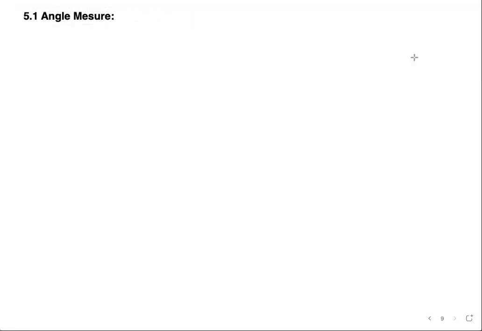Okay. So we have some definitions here. I will go over these definitions because we're going to use them a lot during this section. For the angle measure, we have to know what the meaning of angle is. Does anyone know what an angle is or have any idea about angle?